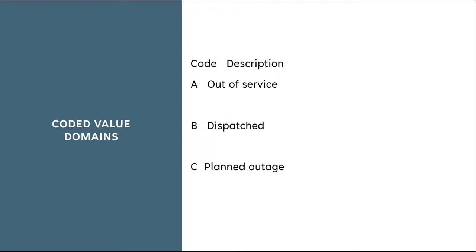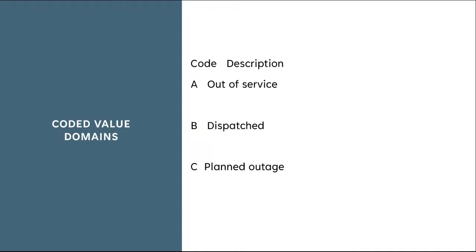Code B, dispatched. Code C, planned outage. Now, with this, instead of typing anyway, you just select. It creates more like a drop-down box, for those who have used a GUI before, graphic user interface. You can actually create a drop-down.